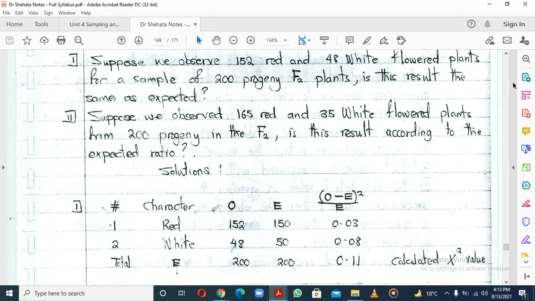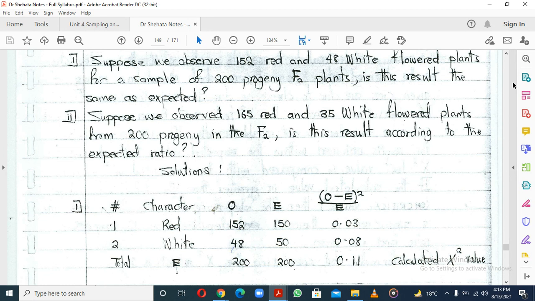When you do the calculation for the red, you get 0.03. You are just using that formula. You subtract 152 minus 150, square the difference, over 150, and you get that number. You get 48 minus 50, square that over 50, and you get the number.